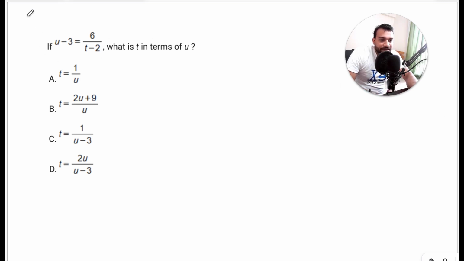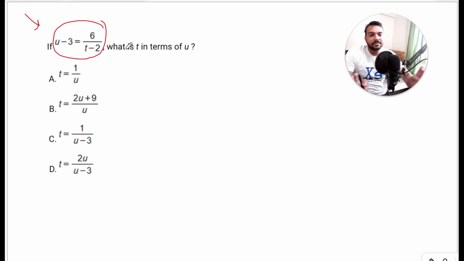If u minus 3 is equal to 6 upon t minus 2, what is t in terms of u? Okay, this is again a case of rearrangement. We have to rearrange the equation such that it represents t in terms of u. So one by one we'll isolate the t.